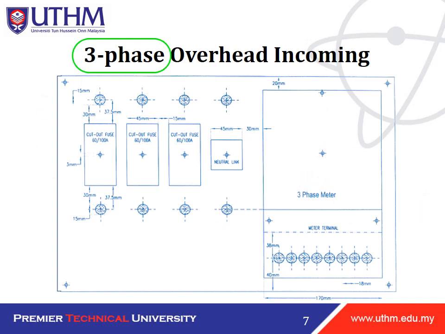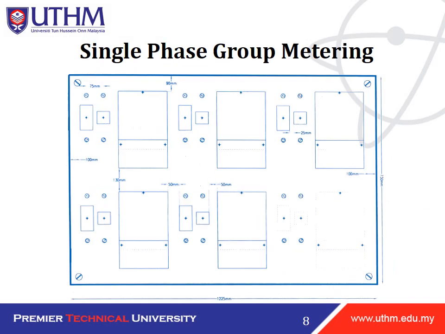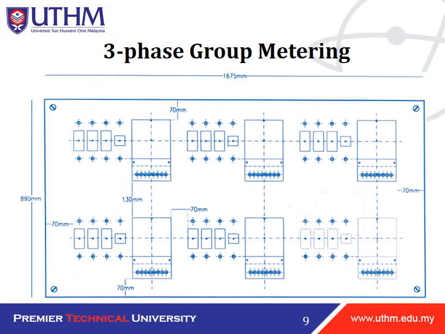So we can see the difference between the single phase and three phase from this diagram. This is the single phase group metering. We can see here we have 5 pieces of single phase metering. And then this is the three-phase group metering. We can see the three-phase metering is more complicated compared to the single phase just now.